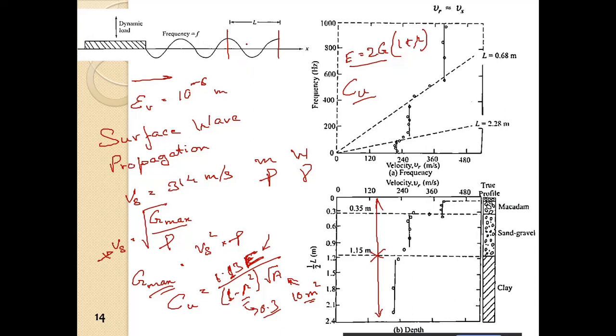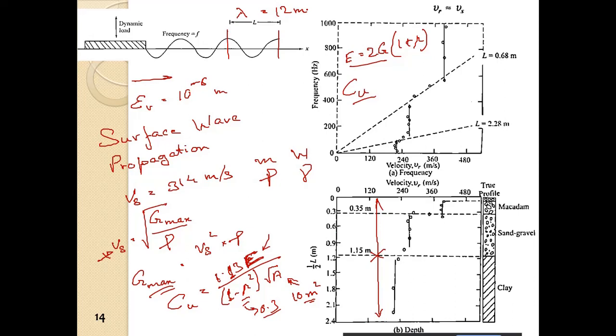So the wavelength, lambda or L, whatever you say. For our wave, it was given by Woods 1978 that we can approximately take it to be equal to 12 meter.